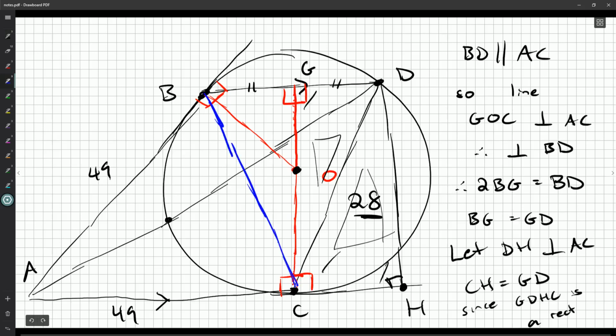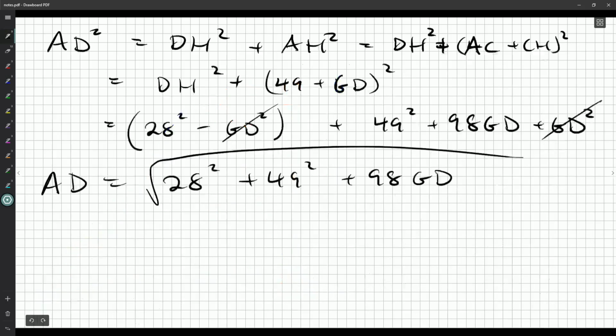CG is perpendicular to that line, and so it's an altitude, but it splits the base in half, so it would be an isosceles triangle, so we'd get a 28 here. Oh, and we've got another isosceles triangle over here. Just going to quickly write that stuff down.